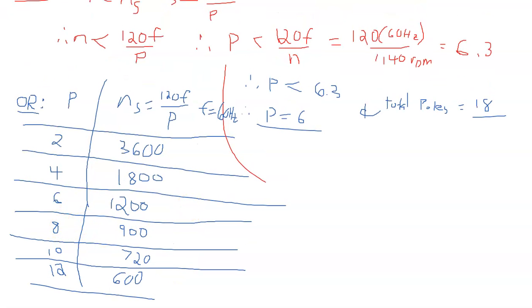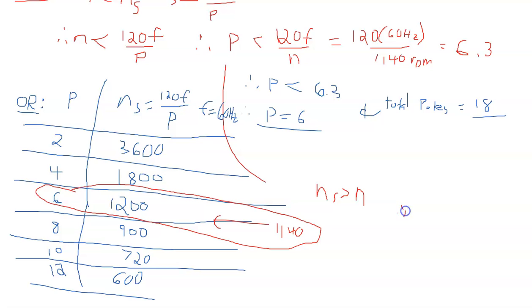Okay, so if I've got this table and I know that the speed that I've been given is 1140, then I know that NS is greater than N, and generally not by a big amount. So this is the conclusion that I've got to draw.